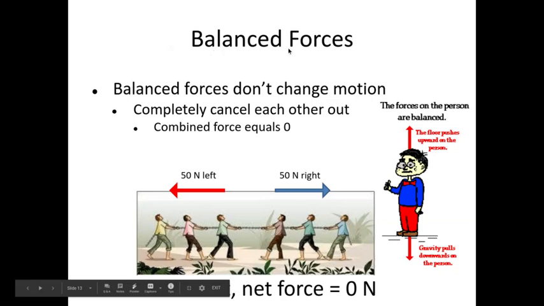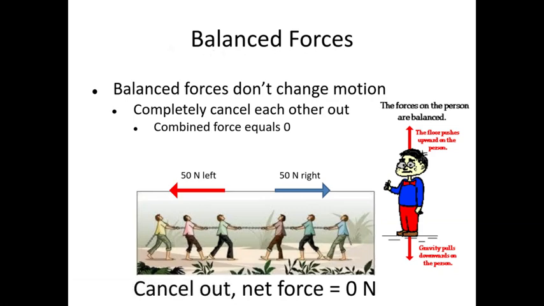Balanced forces. If something's balanced, you know it has an equal amount on both sides, right? Think of those old-fashioned scales. If they're balanced, it's the same weight on each side. Well, balanced forces means it's the same forces in opposite directions. And if those forces are balanced, there's going to be no change in the motion.